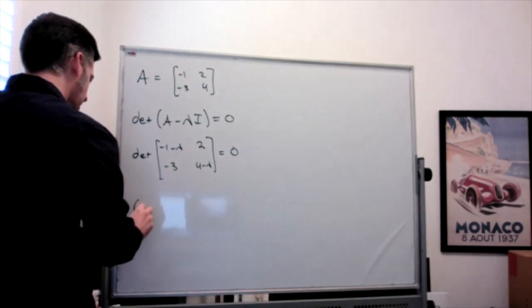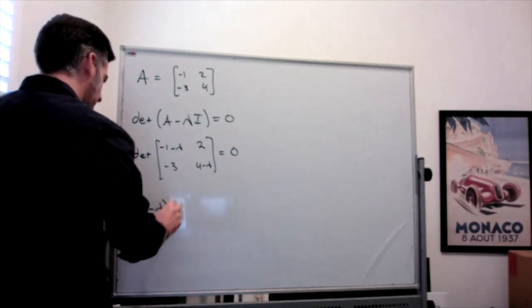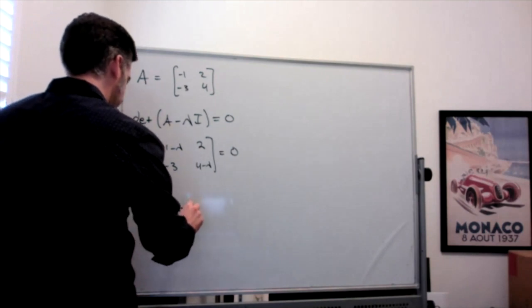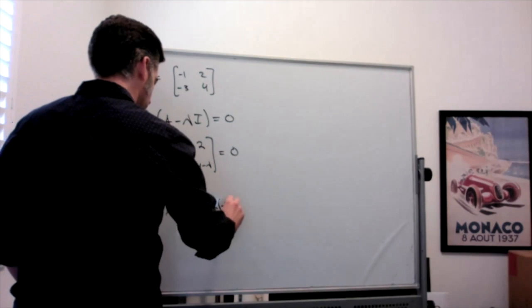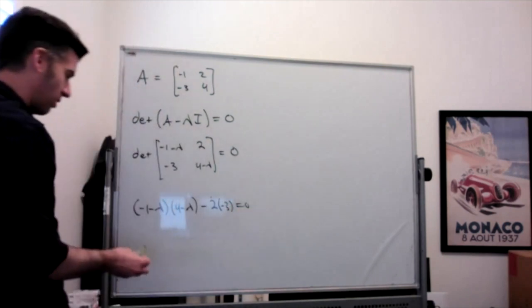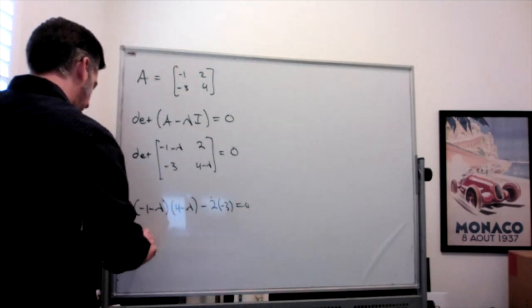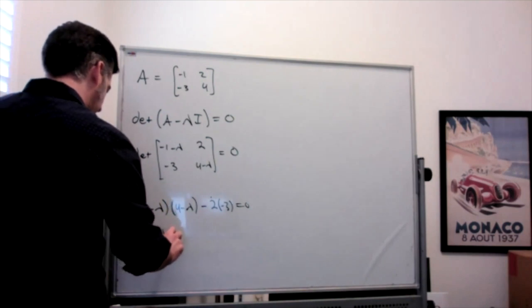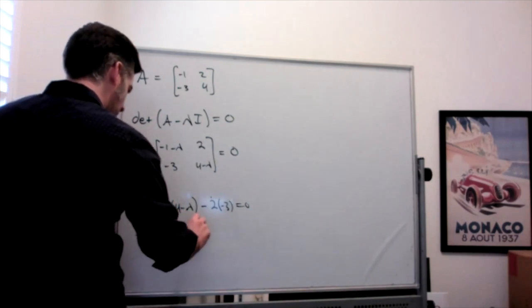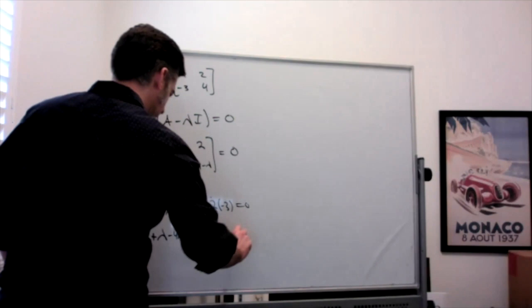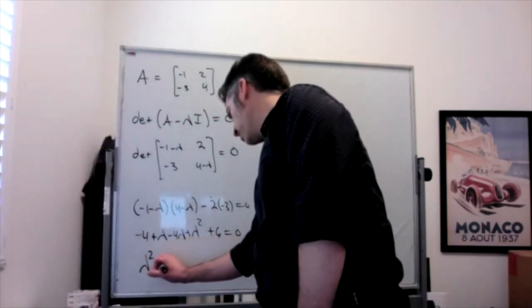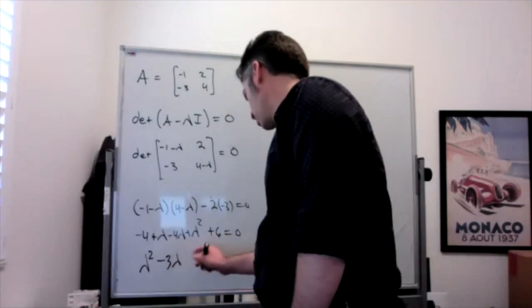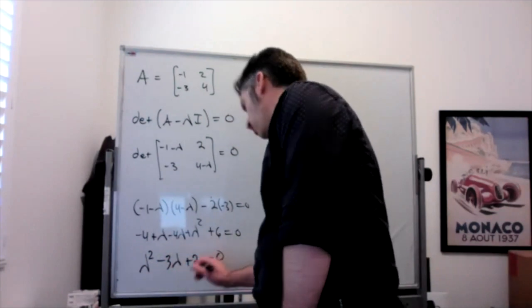So that's (-1 minus lambda)(4 minus lambda) minus 2 times -3 equal to 0. Multiplying this out, I get -4 plus lambda minus 4 lambda plus lambda squared plus 6 equal to 0. I rewrite this as lambda squared minus 3 lambda plus 2 equal to 0.